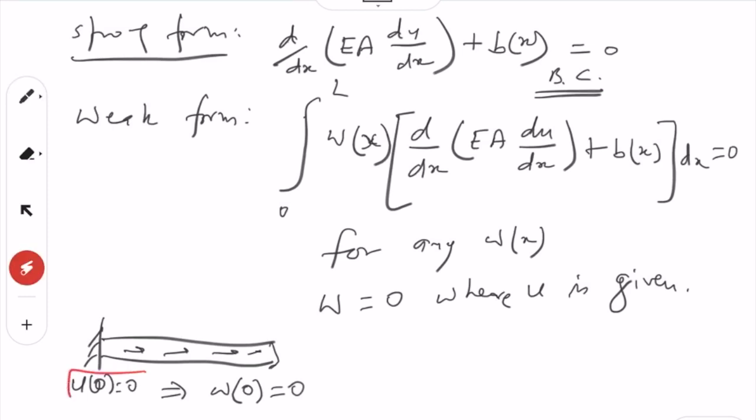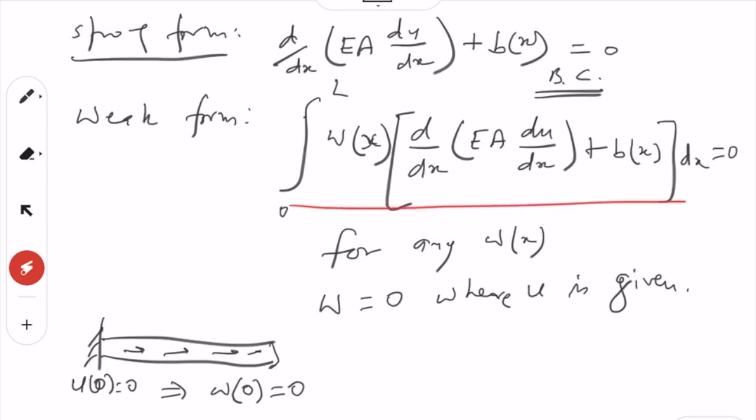Where u is prescribed, then our weight is equal to 0, because we don't want to count that, because we have to give u in such a way to begin with which is going to accept this one. Yeah. So this is what the weak form is, and this is the condition.